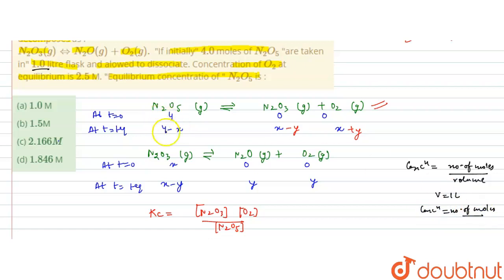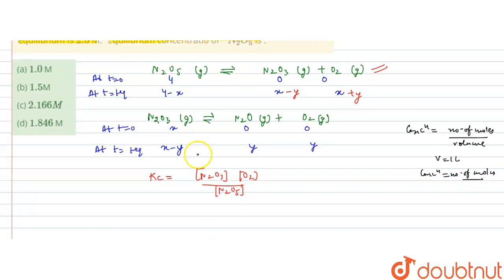So the concentration of N2O3 is x minus y, the concentration of O2 is x plus y, and the concentration of N2O5 at equilibrium is 4 minus x, and Kc is equal to 2.5. So 2.5 equals (x minus y) into (x plus y) divided by (4 minus x).